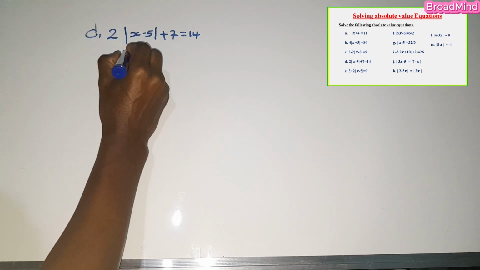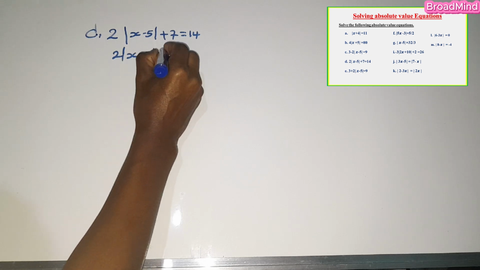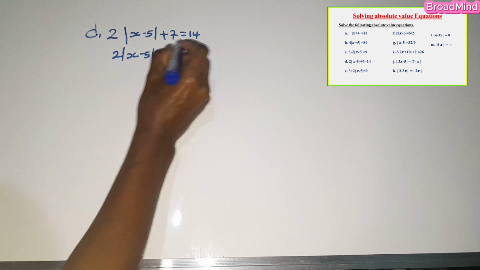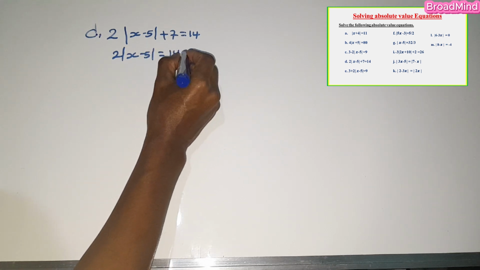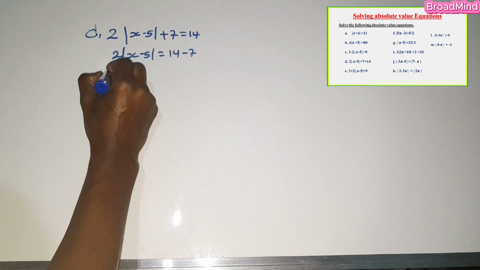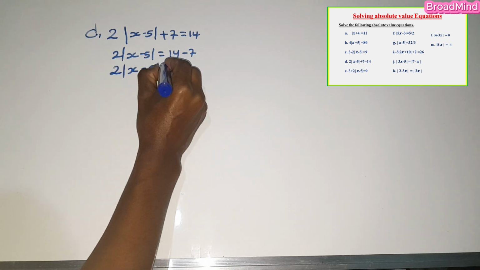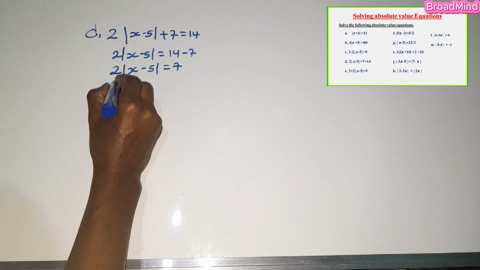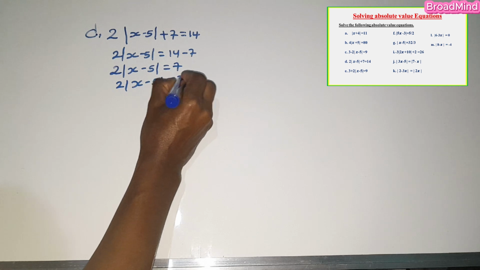Now 2 absolute value of x minus 5 is equal to 14 minus 7, because this is plus, when we transfer it to here, it becomes minus. 2 absolute value of x minus 5 is equal to 7.